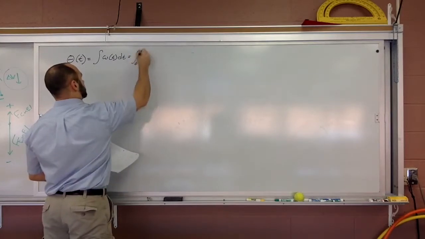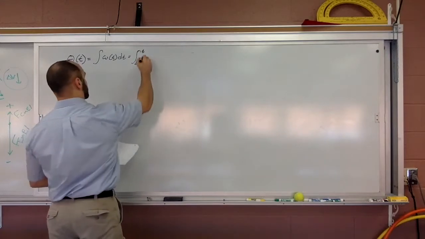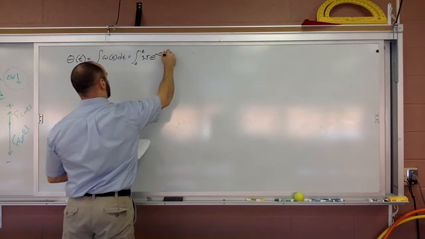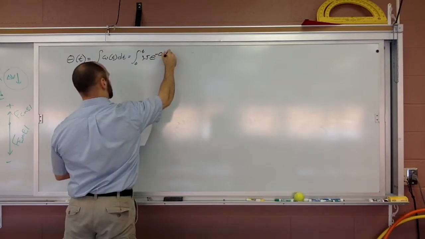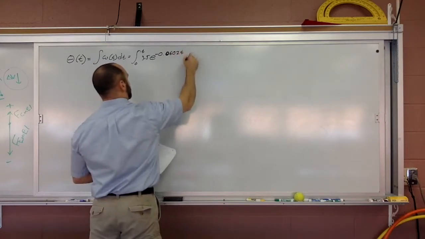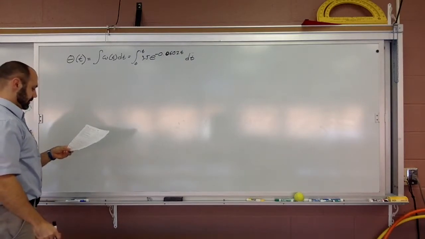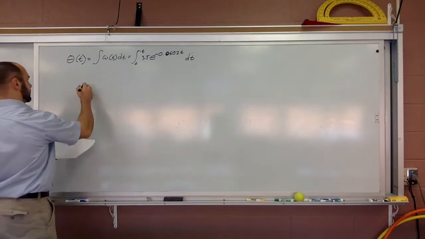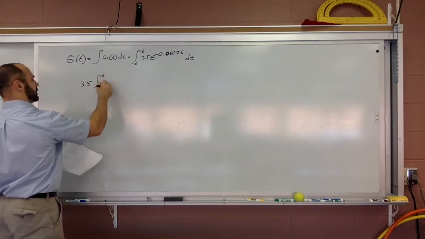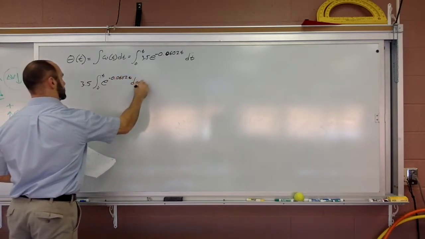We're going to go from 0 to any later time t of our function, which was 3.5 e to the negative 0.0602 t dt. So that's going to look something like this. Or I can bring the 3.5 out front. Maybe that'll make it a little bit simpler for you. e to the negative 0.0602 t dt.